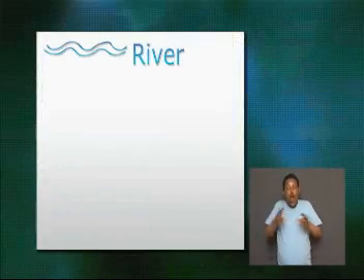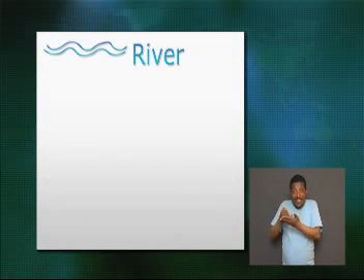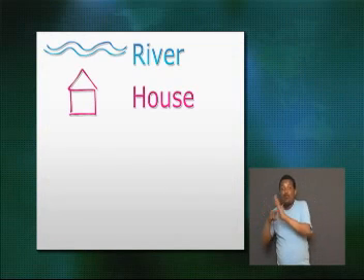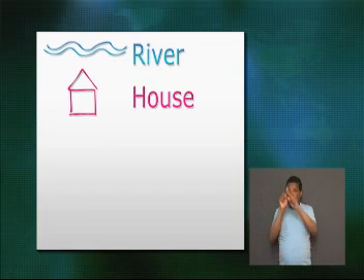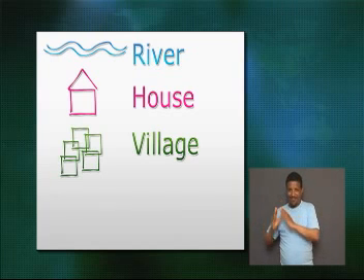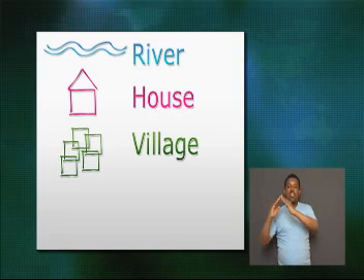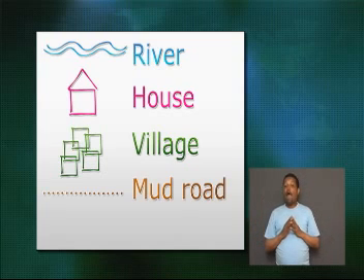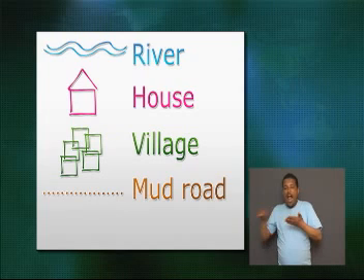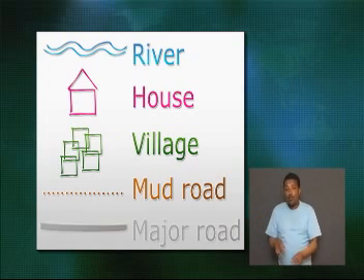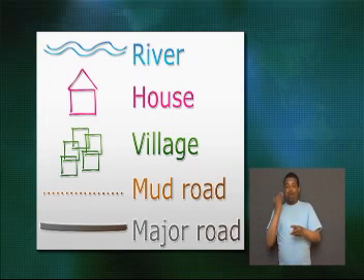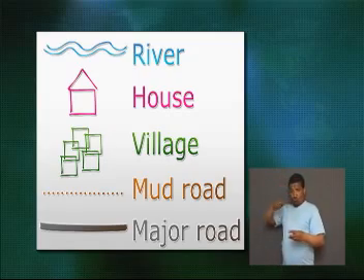The wavy line represents the river. The square with a triangle represents my friend's house. The cluster of squares represents the village. The dotted line represents the mud road, and the solid line represents the main road.